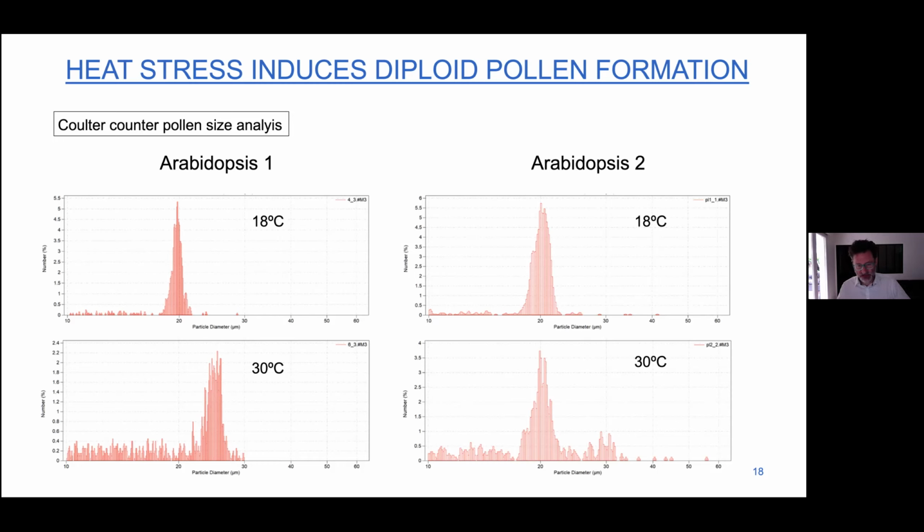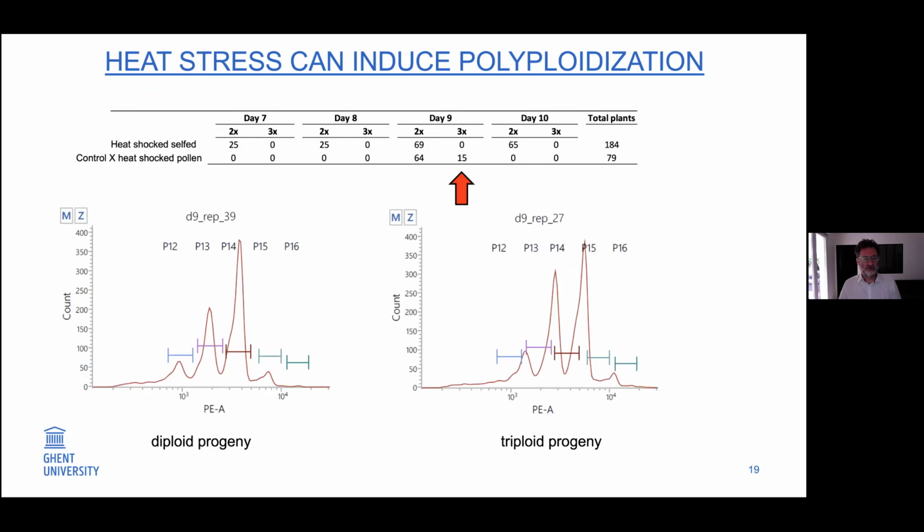Using the right timing, we can use those pollen to fertilize plants that have been emasculated, using the heat-treated pollen to fertilize these emasculated plants.